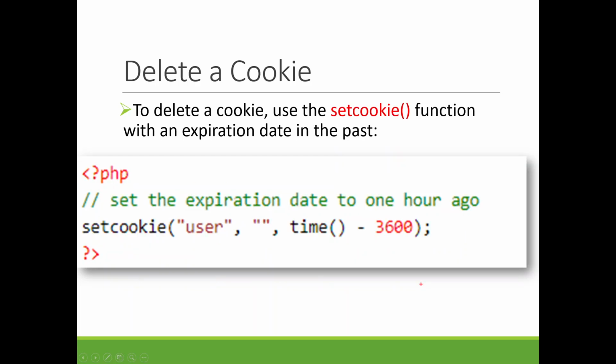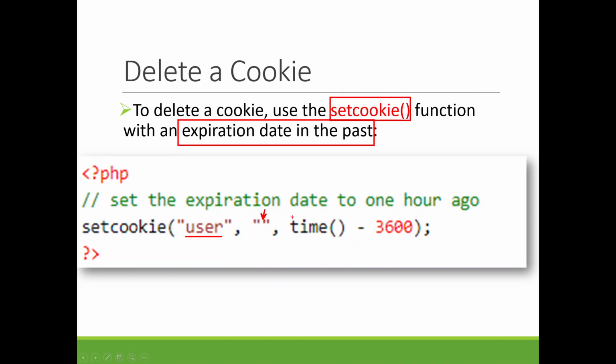How do you delete a cookie? You delete a cookie by using the same function you used to create it, only that you give it an expiration date that is in the past. The cookie name is user, so we use setcookie user. We don't want to give it any value, because after all, we are deleting it.